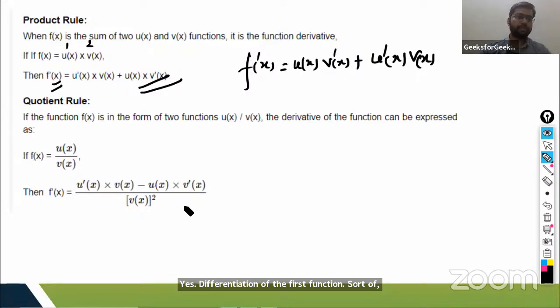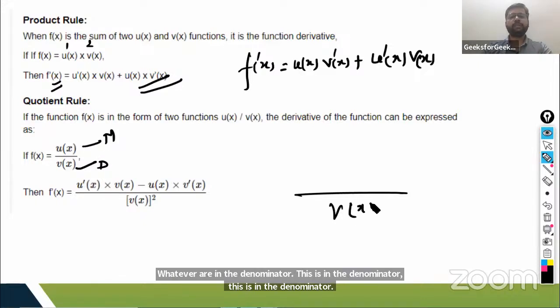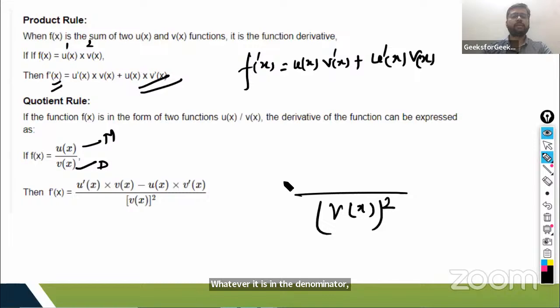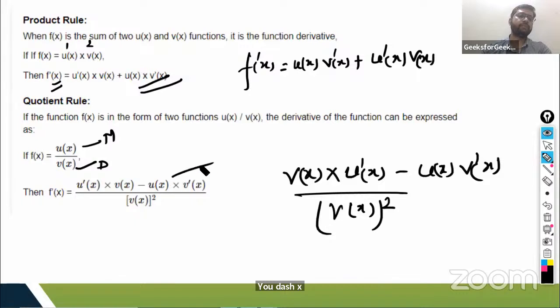And the quotient rule: this is in the denominator and this is in the numerator. Whatever is in the denominator, v(x), square that part and write it over here, into u dash x minus u dash x. This is our quotient rule. Okay, so the product rule is done, the quotient rule is done.